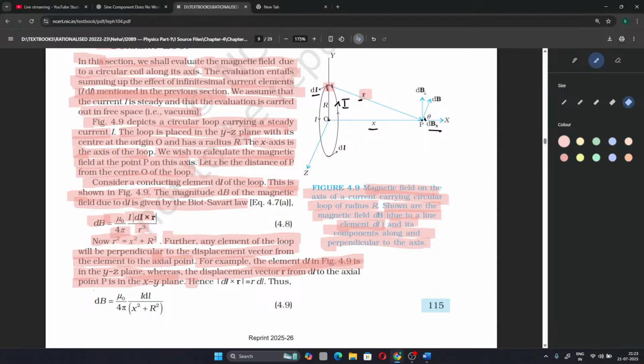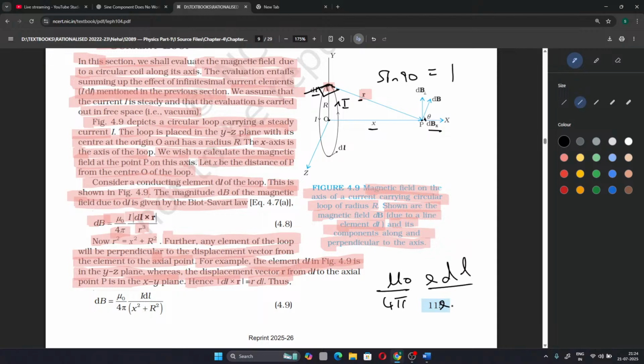Hence, dl cross r is equal to r dl. The r and the dl, both will be perpendicular. So in such a case, sin 90 equals 1. So we can write dl cross r as simply r dl, and then we get mu naught by 4 pi, I r dl by r cube.